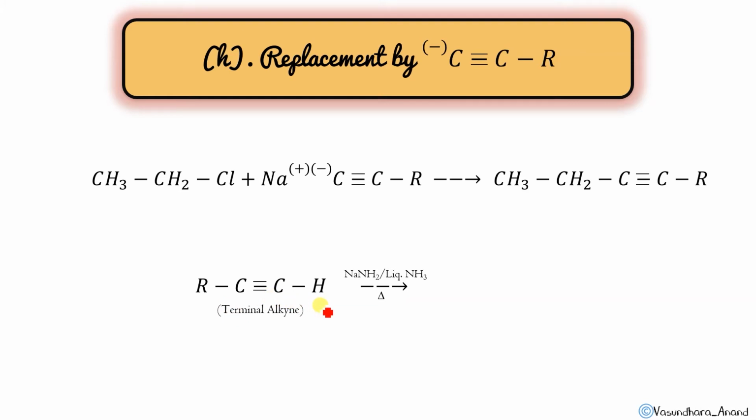If it reacts with NaNH2, this H and NH2 will come out as NH3 and Na will attach over there. In this way it forms the sodium alkynide. I don't know what the R is, so that's why I'm saying alkynide in general. This can react directly to form the compounds, any alkyne.